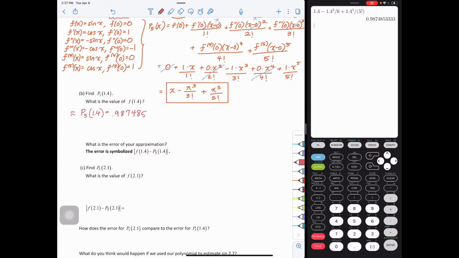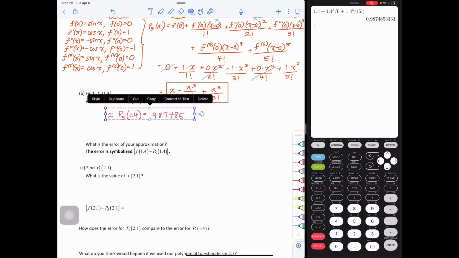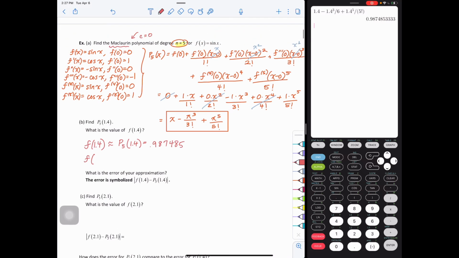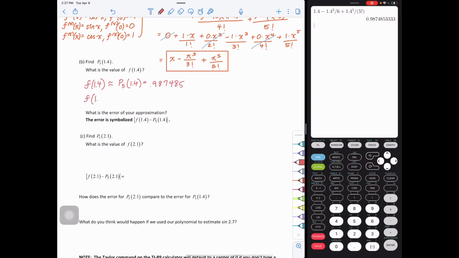Now, what's interesting about this? Let me show you here. What we're saying is that using that approximation, f of 1.4 is about equal to that. Now, since f of x is equal to the sine of x, f of 1.4 is actually equal to the sine of 1.4.